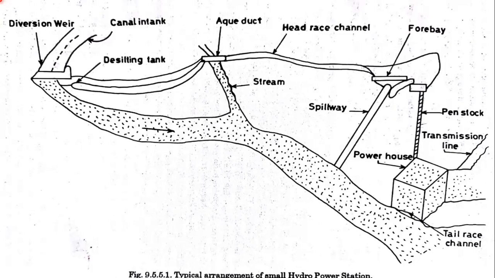Second one, the desilting tank or chamber, is necessary where the water contains large quantities of silt, to prevent erosion damage to the turbines, runner, etc. The extent of desilting required depends upon the quantum and types of silt carried by the streams and the runner material also.